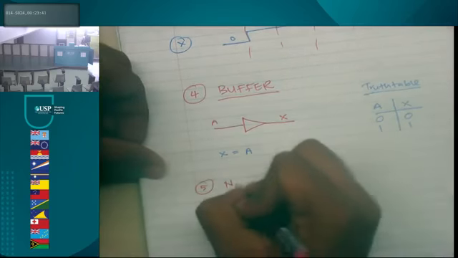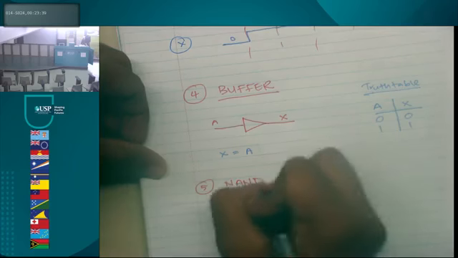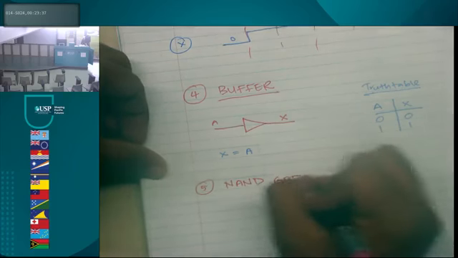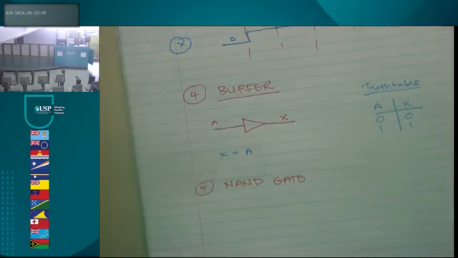Now it's the NAND gate, okay? NAND gate is basically just the AND gate, and all the outputs for the AND gate, you'll just be inverting them, right? So I'll show you how it looks. Okay, first I'll show it in this.